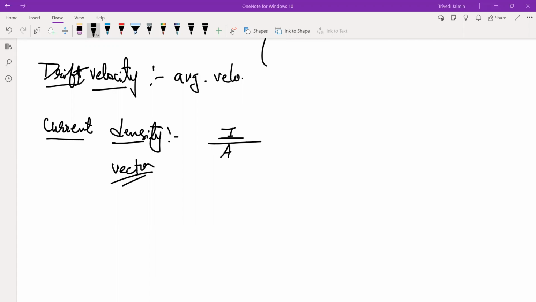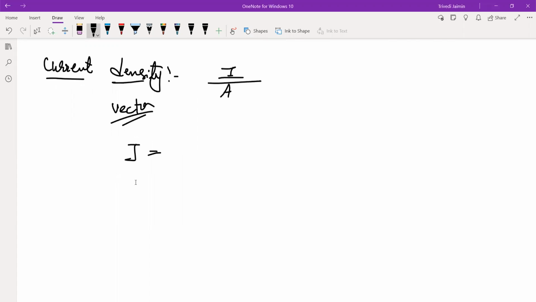If I don't want it in vector form, I can write it this way: J equals delta I divided by delta S cos theta, and this theta is the angle between them. Delta S or A, whatever it is.